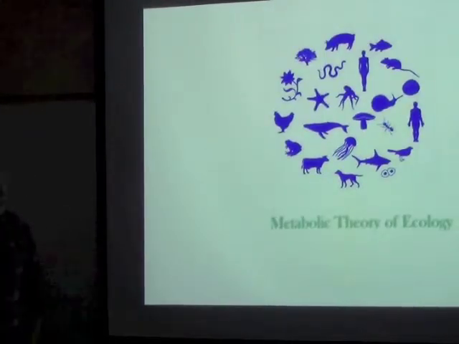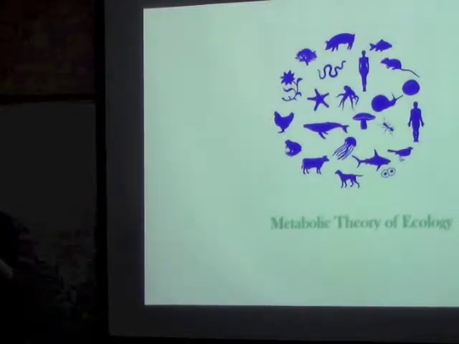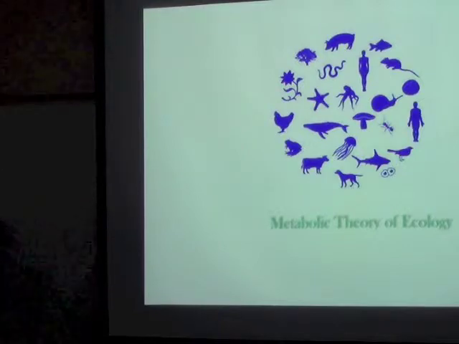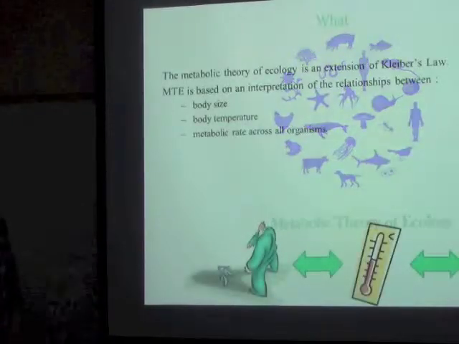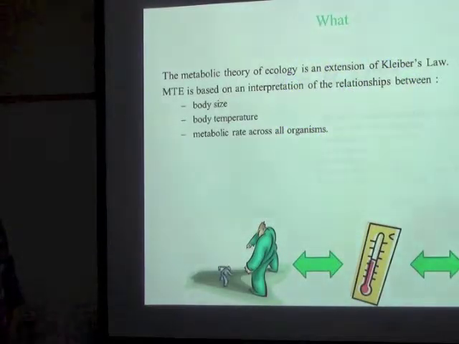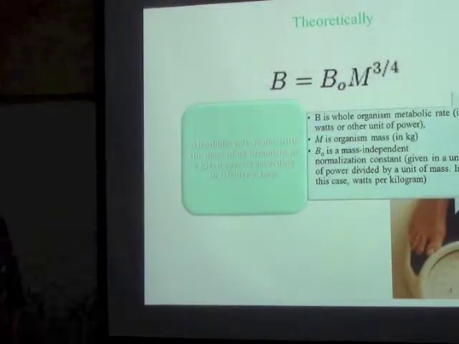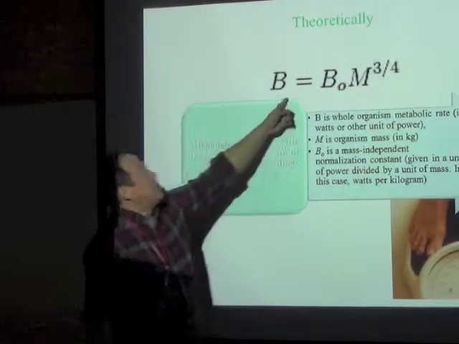Here's the metabolic theory of ecology, and this set of slides was produced by an undergraduate student working with me a couple of years ago, just for fun. And I want to show you that interesting relationship.